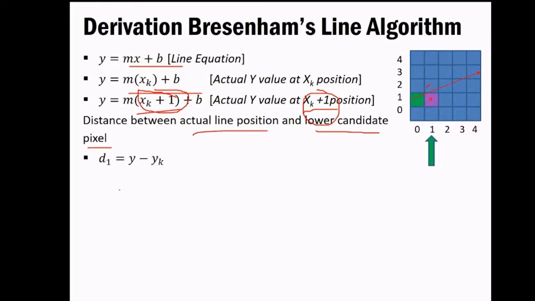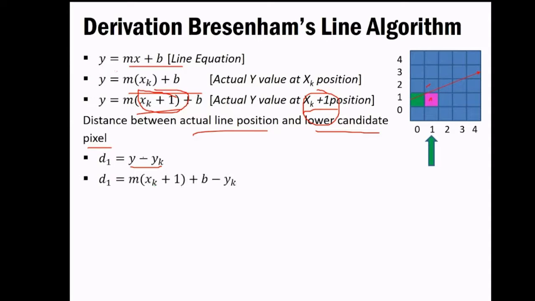Okay, so now we have to choose the lower pixel. So for the lower pixel, d1 equals y minus yk. How did you get this? Basically based on this thing only, so that is y minus yk. Now you have to simply substitute some values that we have.